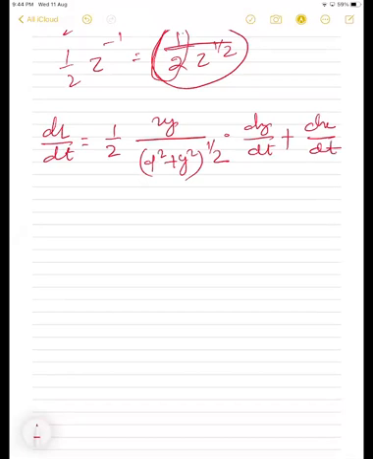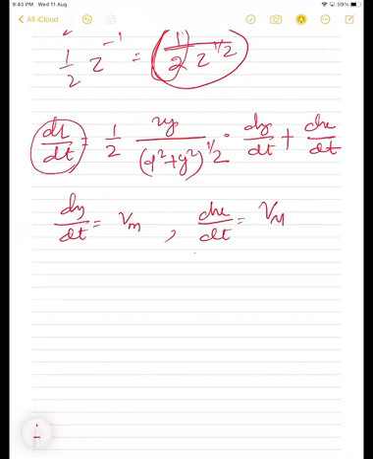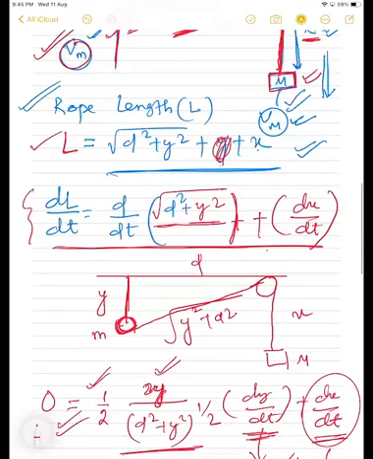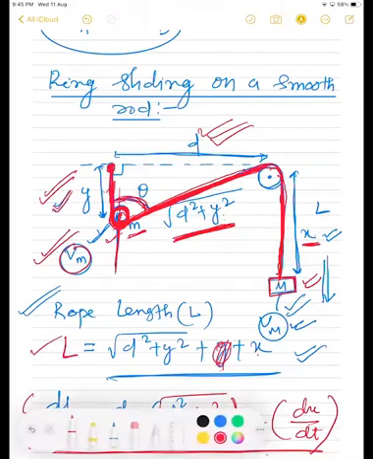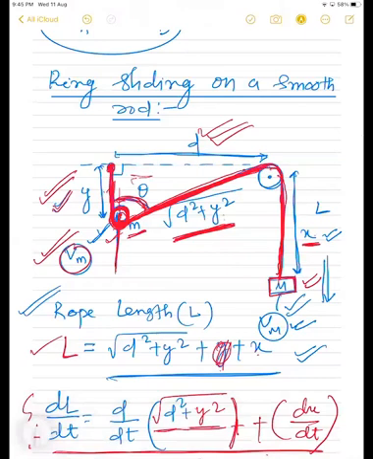So dy by dt is equal to the velocity of the ring, that is small m, and dx by dt is equal to the velocity of the block, that is capital M. And see here, if this is theta, this is a right angle triangle, right? Yes or no?